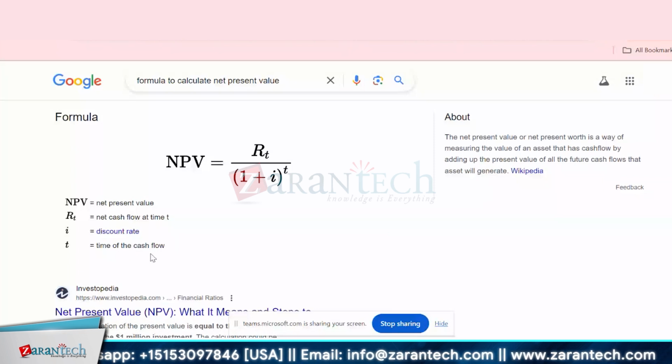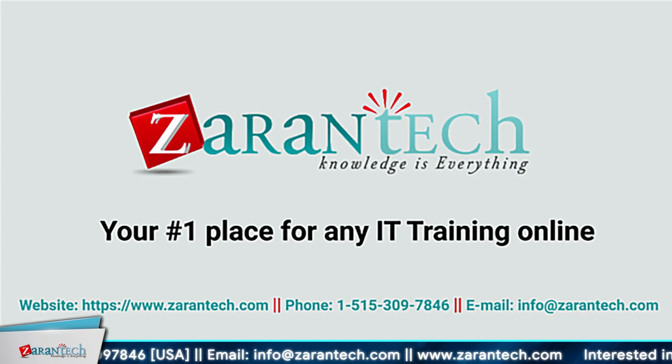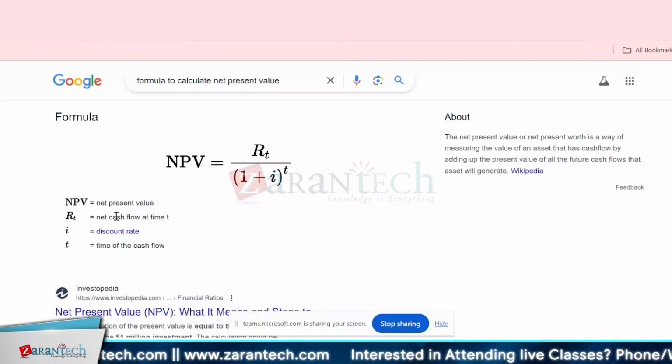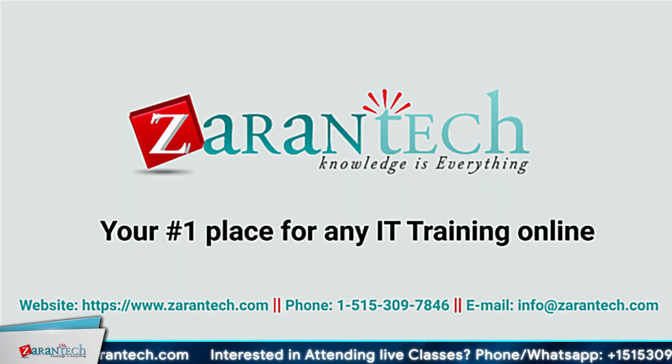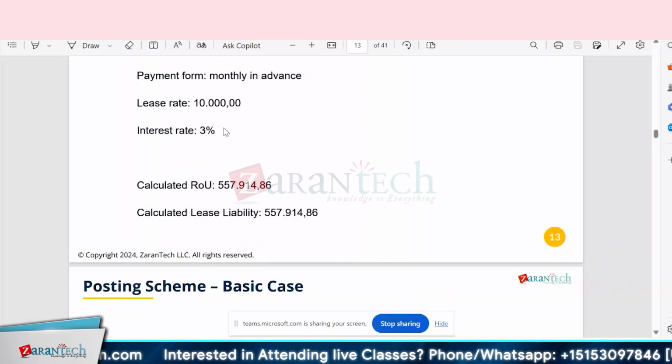Sir, in your example, I think in that slide, the discount rate is not mentioned. Discount rate, in that example, nothing. But in this example, here also it is the discount rate. So this is the interest rate, right? Interest rate and discount rate are the same only.